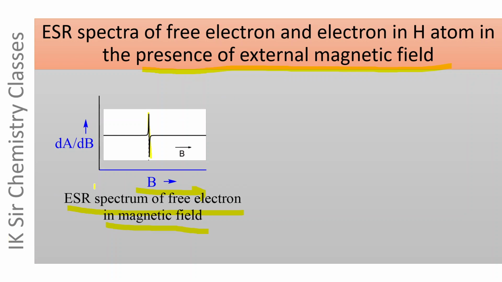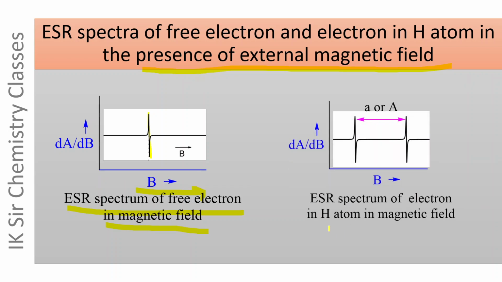But if this unpaired electron is present in hydrogen atom in magnetic field, this single signal splits up into two hyperfine lines. This is the ESR spectrum of electron in hydrogen atom in magnetic field.